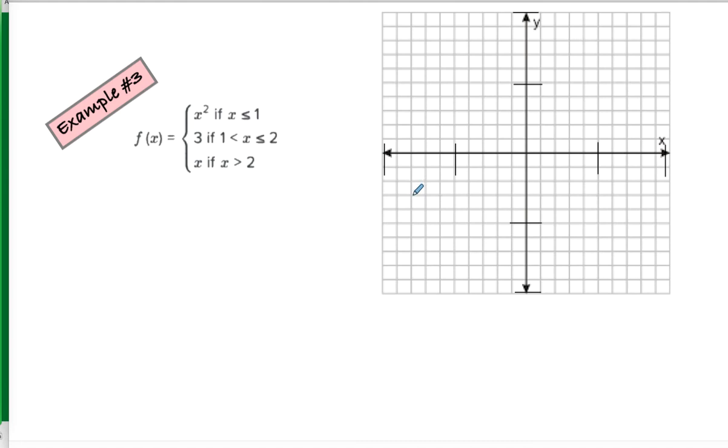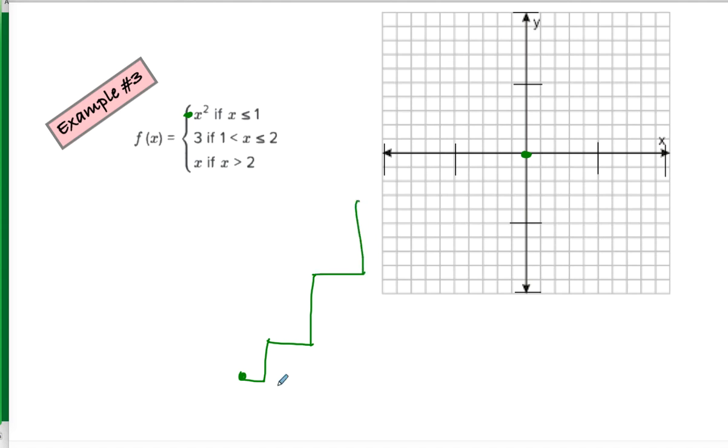All right. Here's another way we can write it. Same thing. Instead of using that colon, they chose to use the word if. So let's do this. For all values less than 1, we're going to use x squared. So hopefully you were taught how to graph a parabola quickly. You go to the turning point and then you apply the scale. I called them steps. Over 1, up 1. Over 1, up 3.